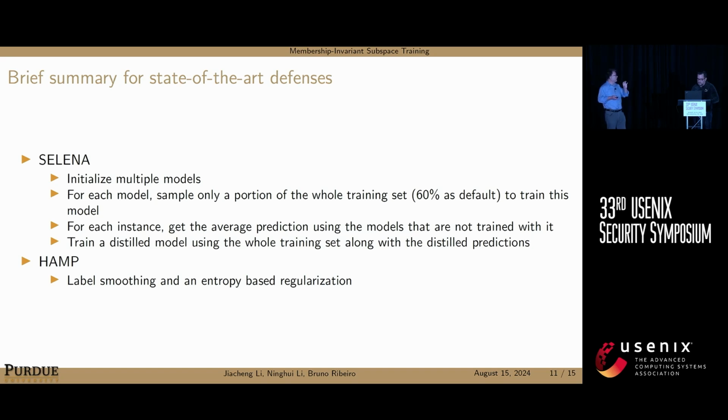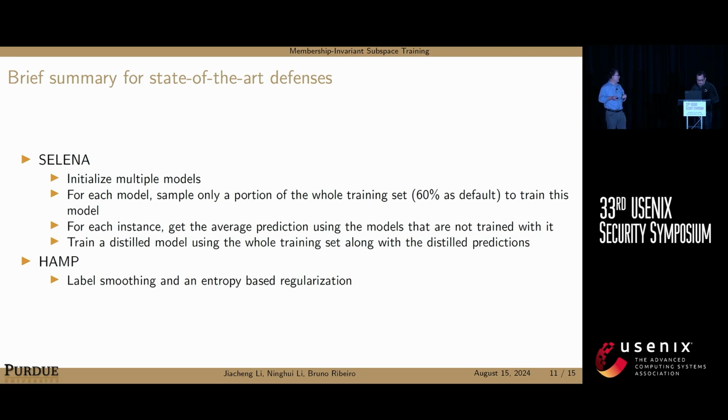After you train, for example, 20 different models, each with 60% of the data, you train a new model using distilled input, where the label for each training instance is given by these 20 models instead of the original label, and it's a soft label. For each instance, the label is the average prediction of the models that were trained without it.